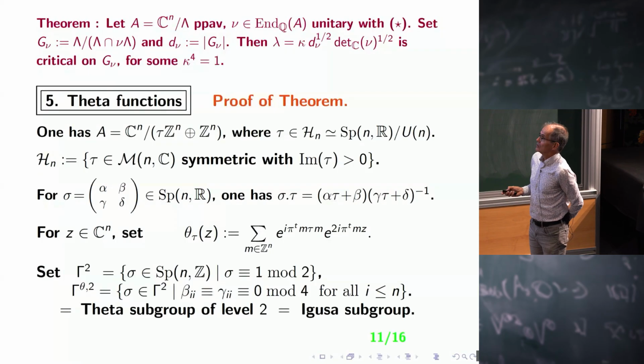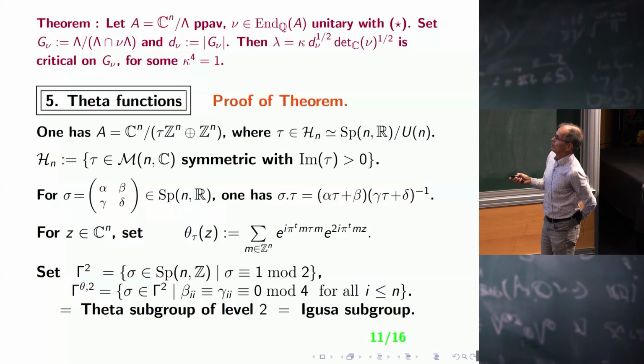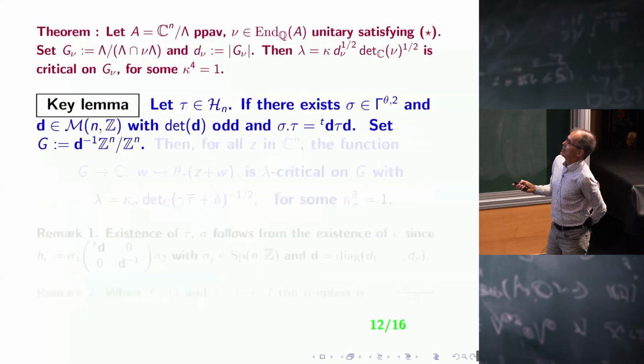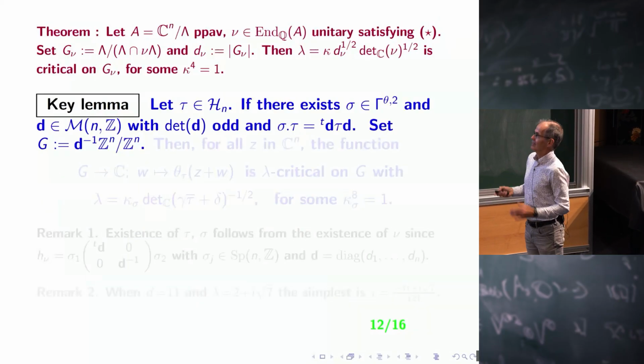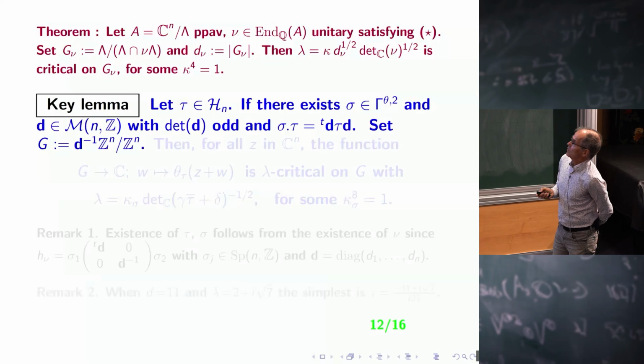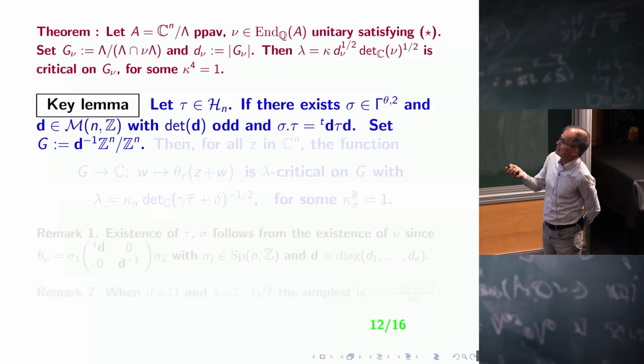Now, what is the reformulation of my theorem above? It's a more precise statement, maybe less easy to grasp, but more precise. I fix tau in the Siegel upper half space, and I assume there is a sigma in the Igusa subgroup which, when I act on tau, almost preserves tau.